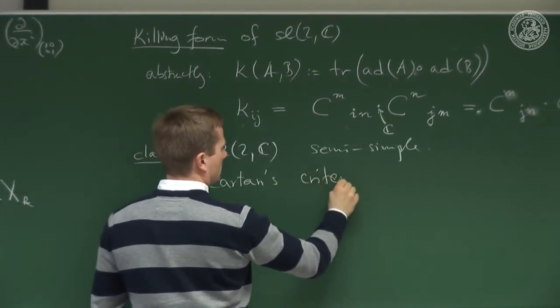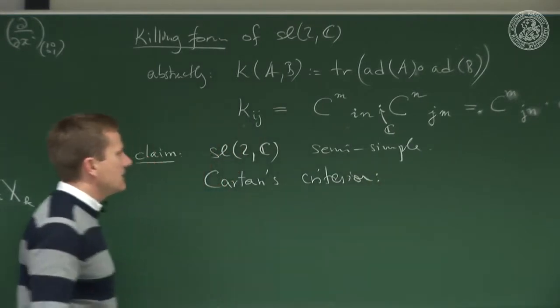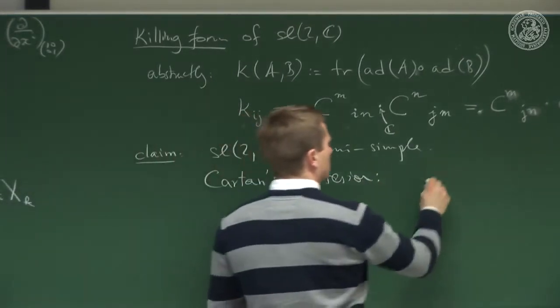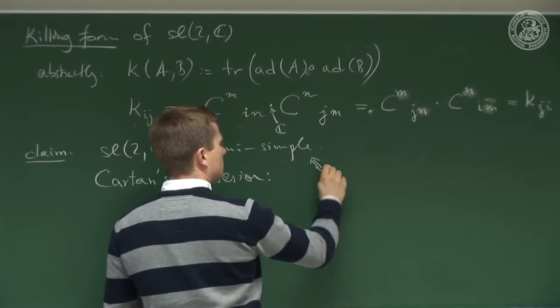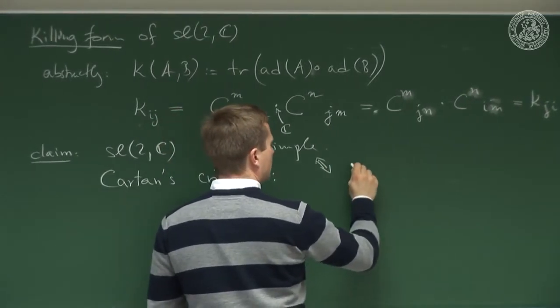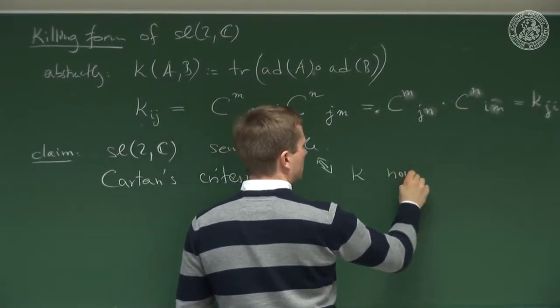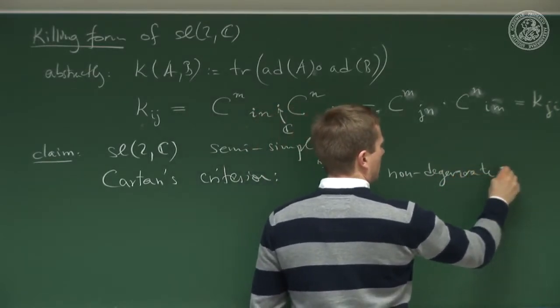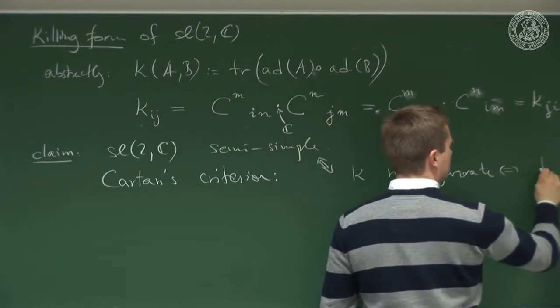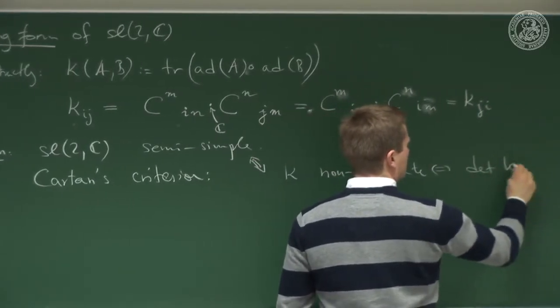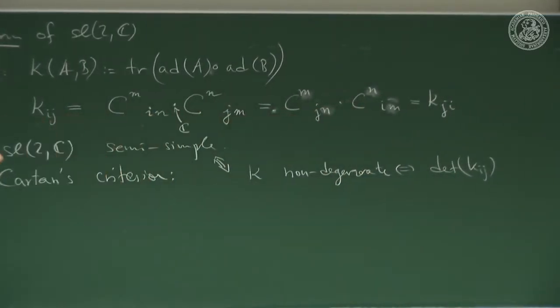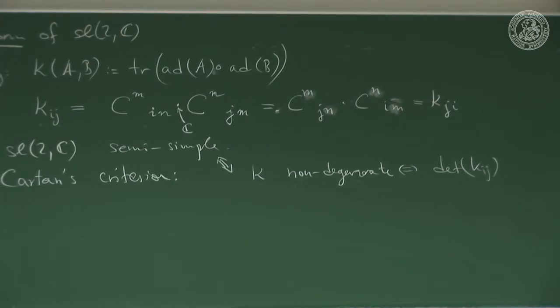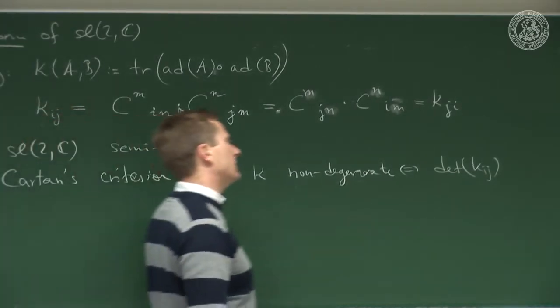Cartan's criterion, and that was, you got to check, this is equivalent to the killing form being non-degenerate. And that, of course, means, expressed in these terms, that if you naively take the square matrix defined by it, and you naively take the determinant.